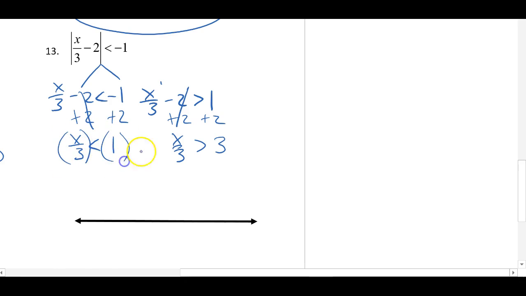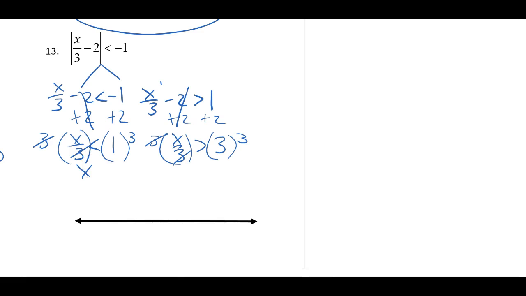So instead of dividing, I need to multiply. So times 3 on each side. Those 3's cancel out. Okay, x is less than 3, and x is greater than 9. Because 1 times 3 and 3 times 3.